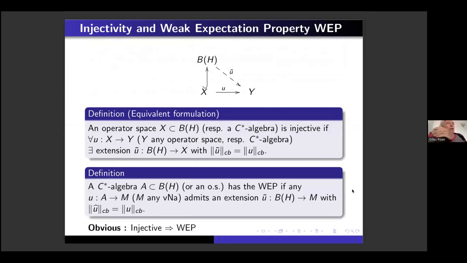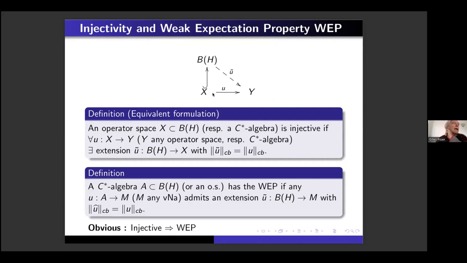Now let me pass to a generalization. A generalization of injectivity is the weak expectation property. I propose to look at it like this. On this screen, I put things in parallel. It's important to see how the weak expectation property that I want to introduce now is parallel to injectivity. So first, let's look at an equivalent formulation of injectivity. Now, watch out.